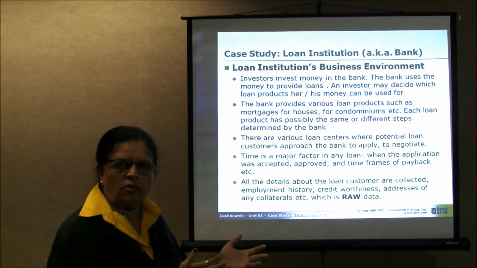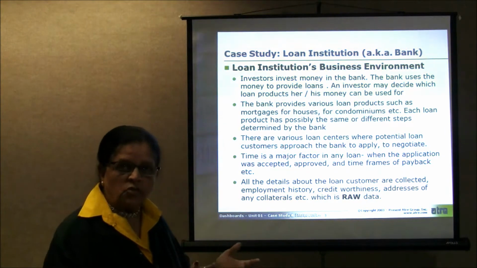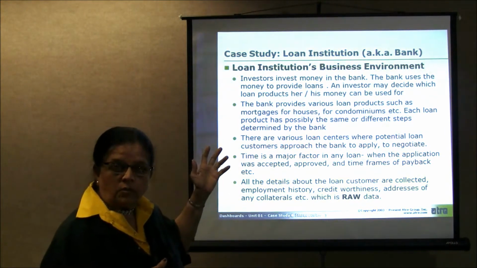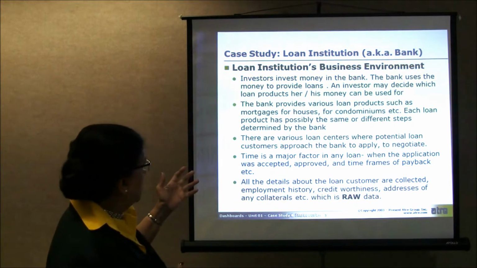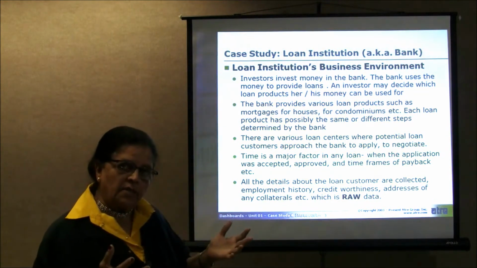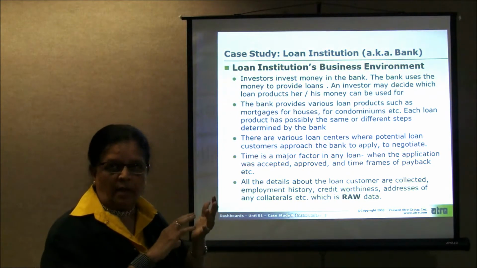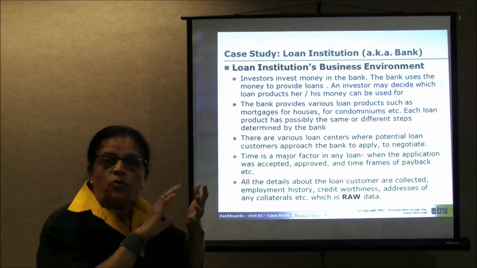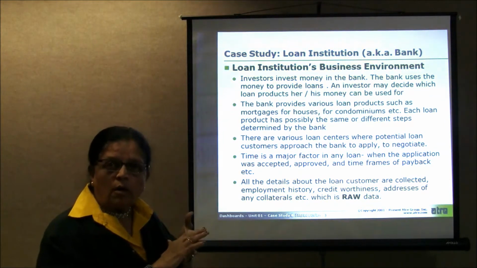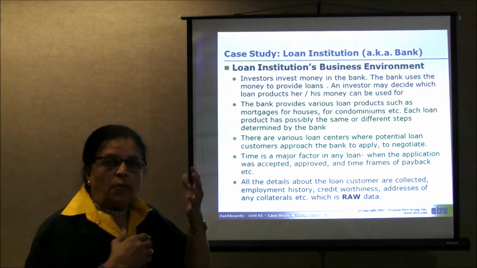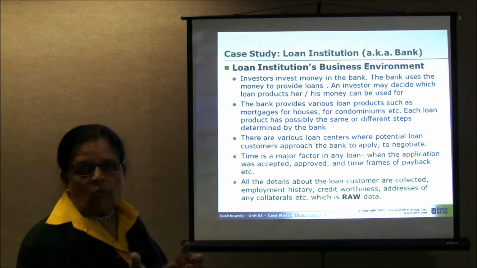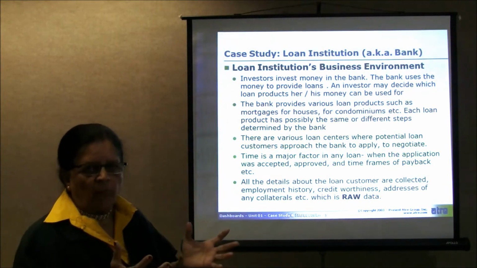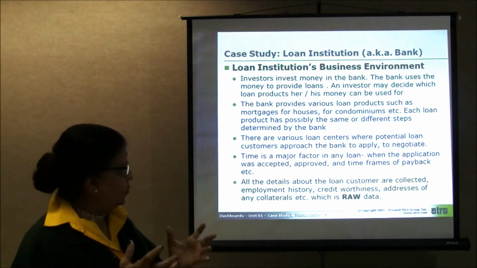The bank in turn loans money to the customers, and it is done in various loan centers. It's done for doing different things. People may want to buy a house, they may want to buy a condominium, they may want to buy a new car or an old car, or they may want a personal loan, or they may want a loan for their business.